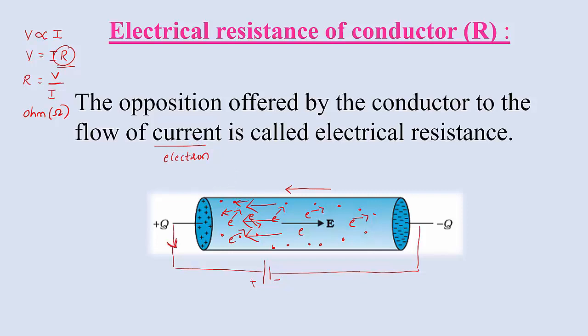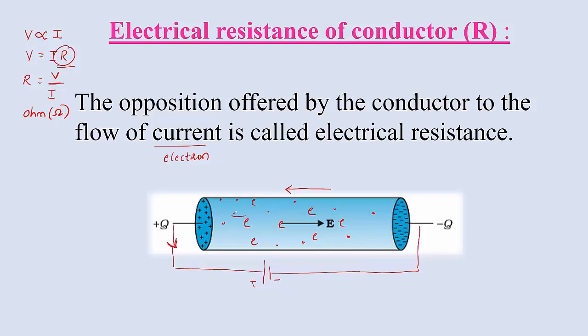Once again I will repeat here. Here I am going to consider a metallic conductor, and this metallic conductor has free electrons in its outermost orbit. Then it also has certain fixed ions. So when we supply an electric field, or when it is connected to a battery, these free electrons experience force.